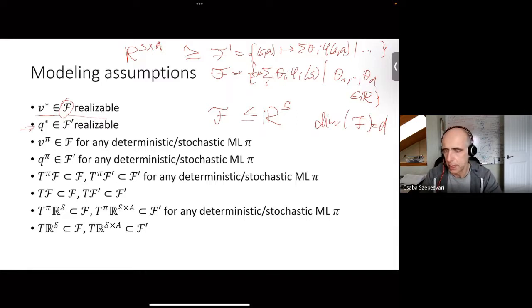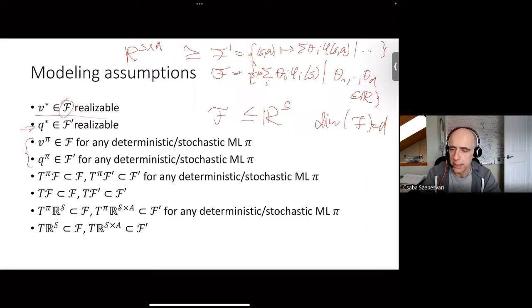Other assumptions are slightly more restrictive, and you sometimes see them in the literature. It could be that the value functions of any policy you can think about, all the policies that are deterministic or stochastic memoryless policies, lie in the function space, so they can be represented exactly. Or the action value functions lie in the associated function space.